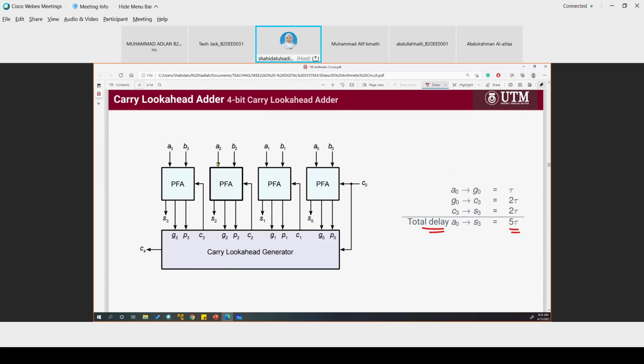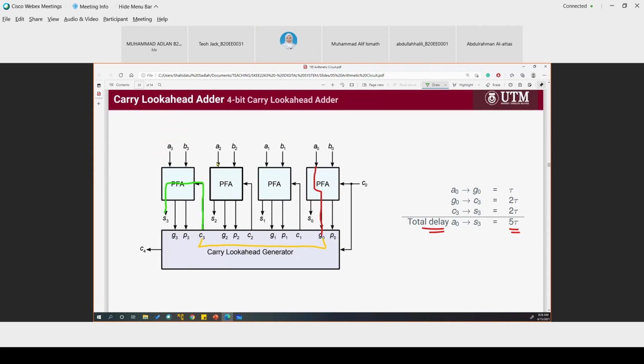Okay, so the longest path, or the CPD, is from A0 to G0, and then from G0 to C3, and then from C3 to S3. Right?